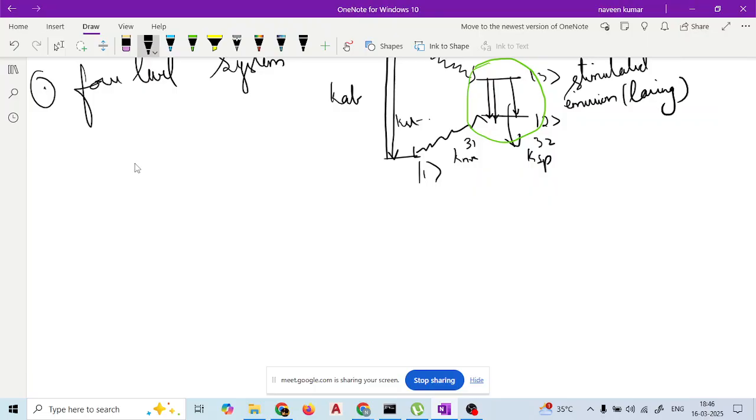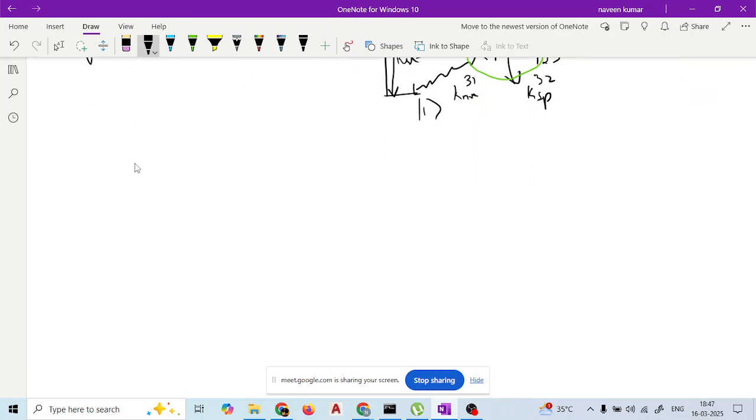So in this process we can write down the expression for delta N by N. Just like in the last 2-level system, here also we are going to write an expression for delta N by N. Let me write it down.